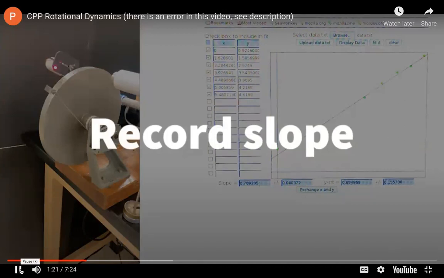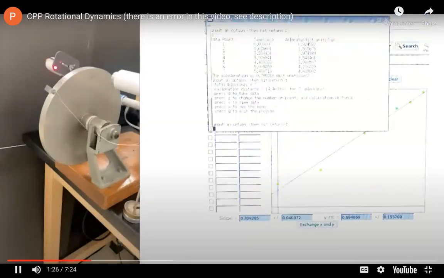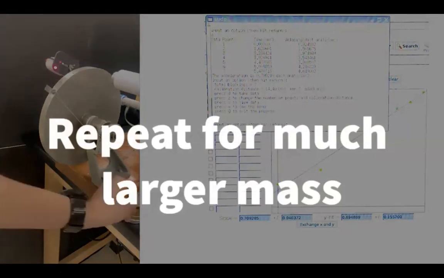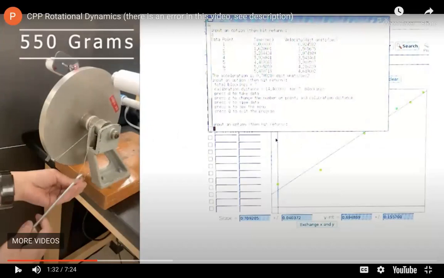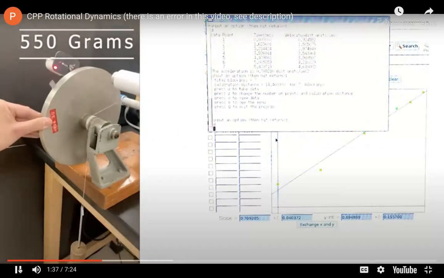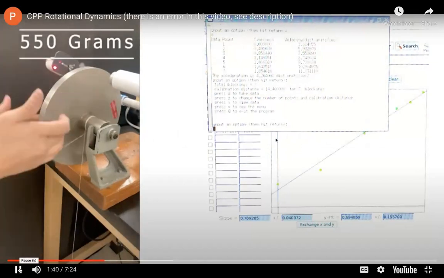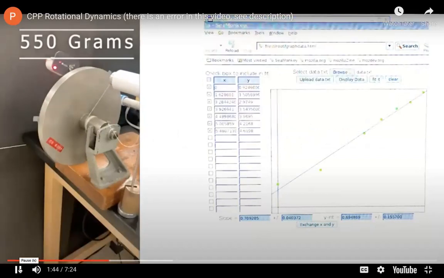And then they will use a different mass now. They will just continue to add different masses and record different slopes. So here you do 0.55 kilograms. That's the second data point you're going to take. So 4.26 will be your second angular acceleration.